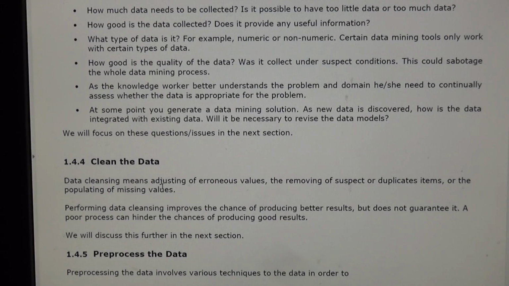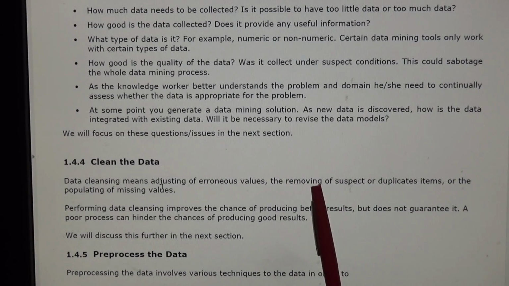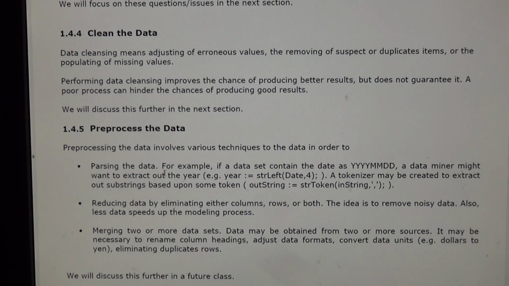Cleaning the data is to get rid of erroneous values, duplicate values, missing values, and to address how we're going to handle them. By cleaning data, the goal is to improve the chances of getting better results. It doesn't guarantee it, and we'll discuss this further. Preprocessing data involves several different things. You could maybe parse the data. Let's say we have the date in year, month, date.